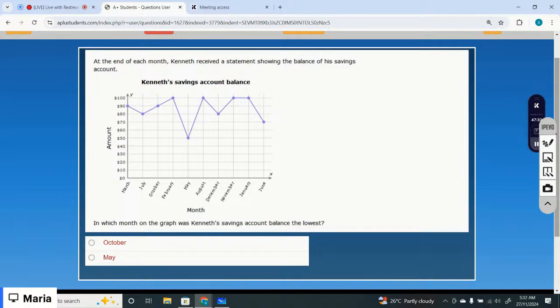Lowest is 50, and that is in May. Option number 2 is the correct option.